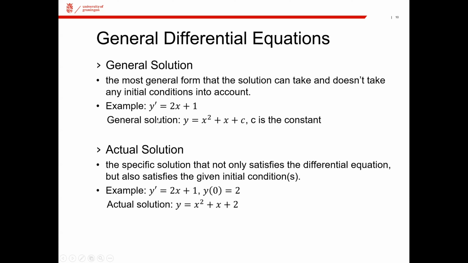So we still have the general solution first, and we plug y0 equals 2 into the general solution, and then 2 equals 0 plus c, so c equals 2. And then we plug c equals 2 into the general solution, and we have the actual solution here, y equals x squared plus x plus 2. So basically, we have to solve for the value of the constant, and we use the initial condition to solve that.